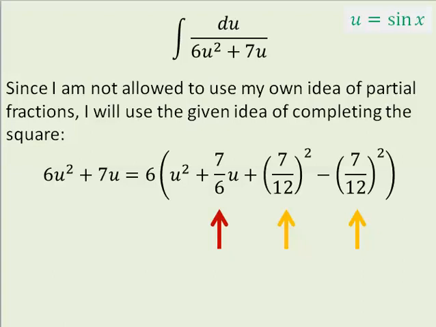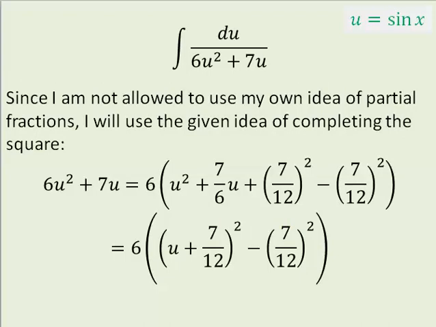Once I've done that, I've done what we call completing the square, and I've done that inside the parentheses. Looking inside the parentheses, the first 3 terms make up a perfect square. So I'm going to write those first 3 terms as a perfect square, and this is what I get.